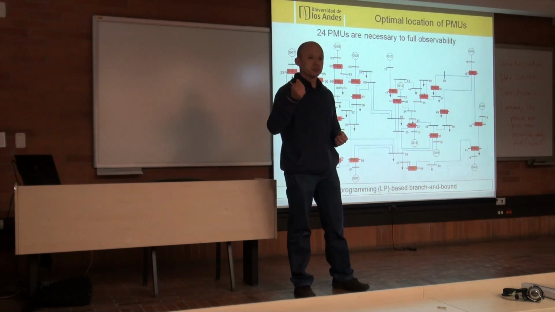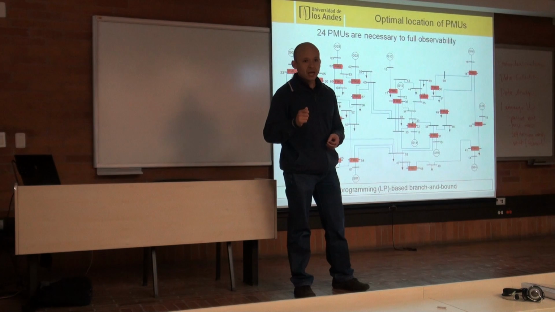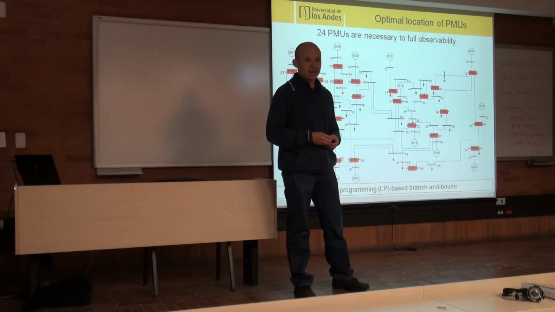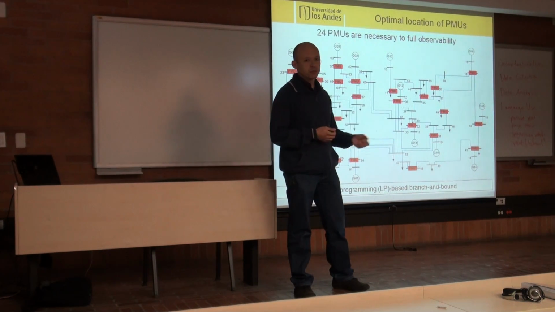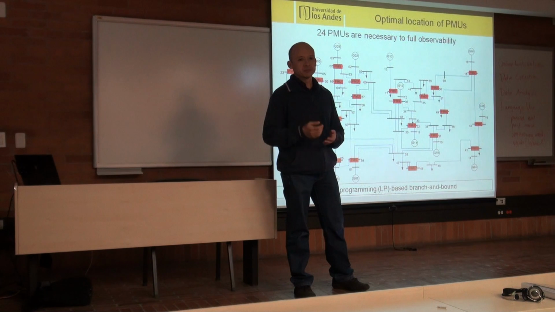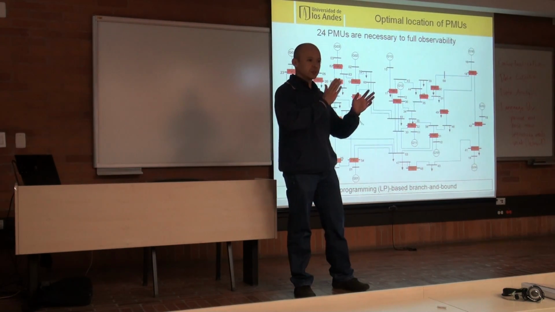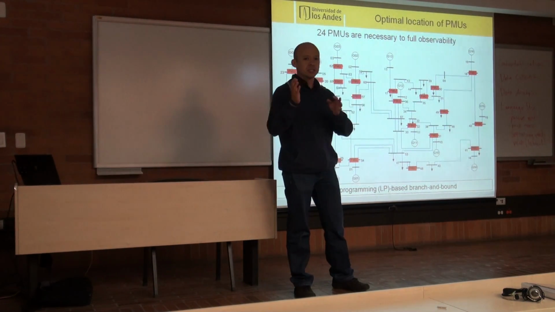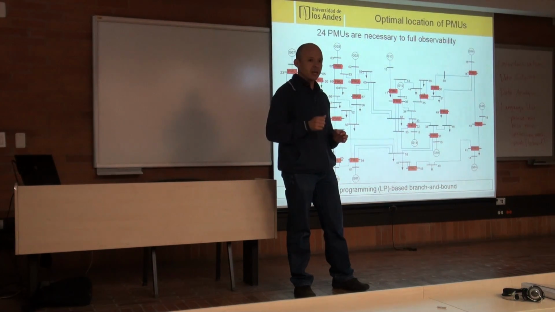I don't have enough money to put those PMUs. Also, I have to improve the substation. I need a communication network to manage all of the information that the PMUs produce. So that's why it is important to identify a methodology to put PMUs one by one, for example.